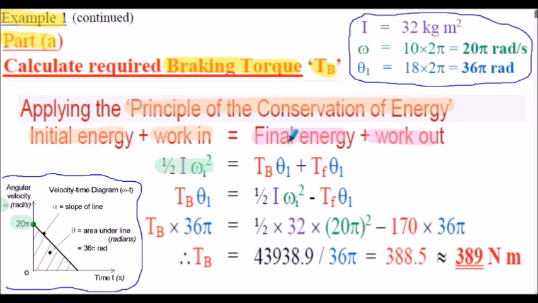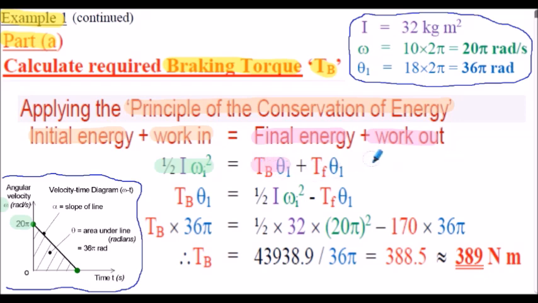Considering the final energy, well, we know the shaft is brought to rest because we're told it reverses its direction and then increases its speed again, so it must come to a stop before it reverses its direction. So we know that the braking torque required brings the shaft to rest. So we'll definitely have the work done by the brakes in this case, so TB θ1.